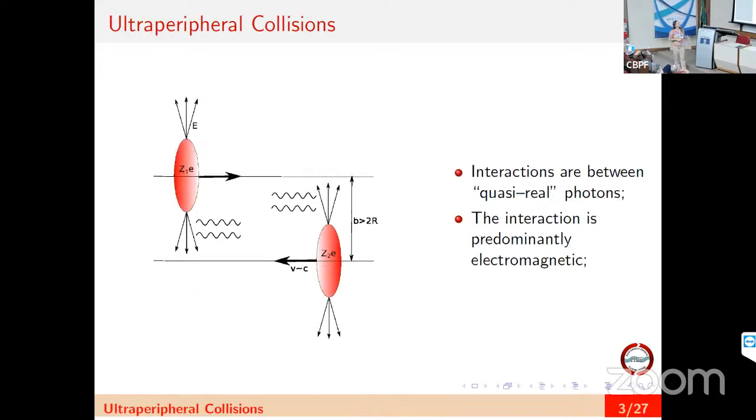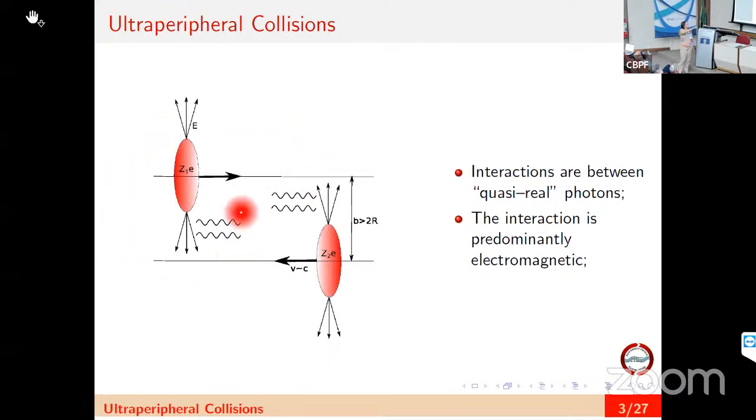So in ultra-peripheral collisions, the distance between the centers of the nuclei, in other words the impact parameter, is larger than the sum of the radii of the nuclei; it could also be a nucleus and a proton. The photons interacting here are radiated by an ultra-relativistic moving charge.